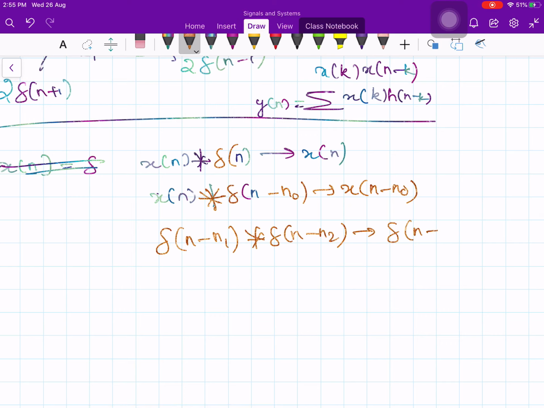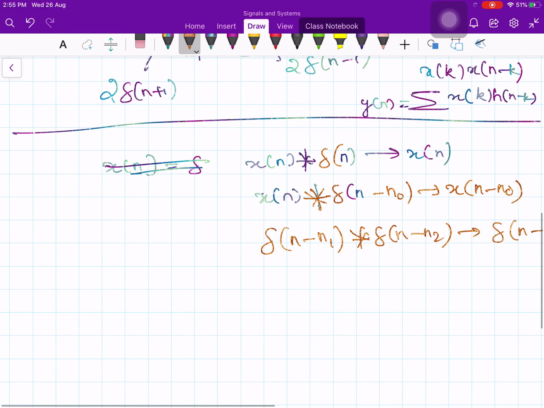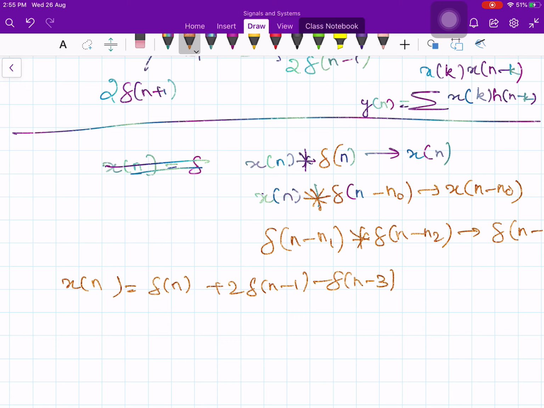Just recall this property. Now x of n is equal to del of n plus 2 times del of n minus 1 minus del of n minus 3, and h of n is equal to 2 times del of n plus 1 plus 2 times del of n minus 1. Now what is y of n?